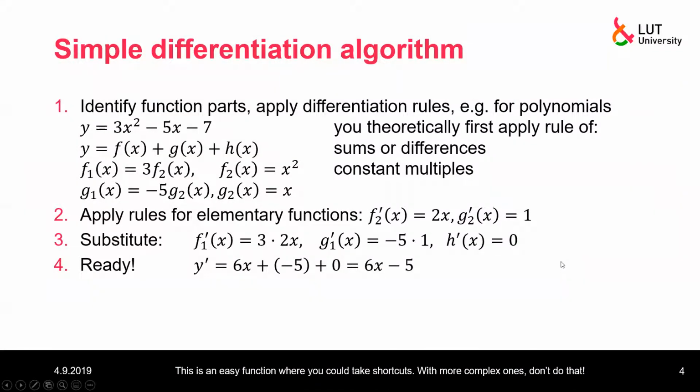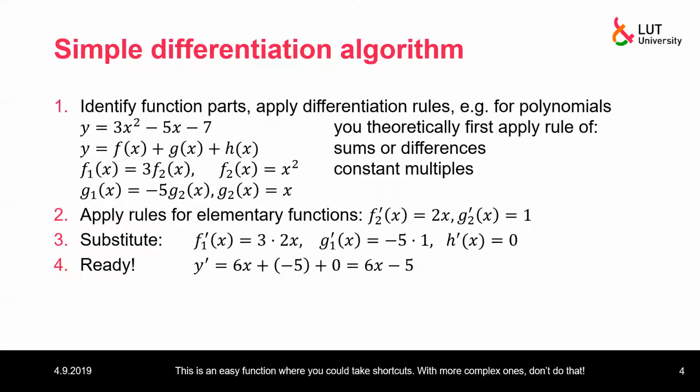I think I promised someone that I need to put a picture of Julius Caesar here. One simple way of starting engineering problem solving is this divide and conquer method. So in this kind of problem, which is relatively simple, we identify the function parts. We divide that into parts where we get f(x) is 3x squared, g(x) is minus 5x, and h(x) is minus 7.